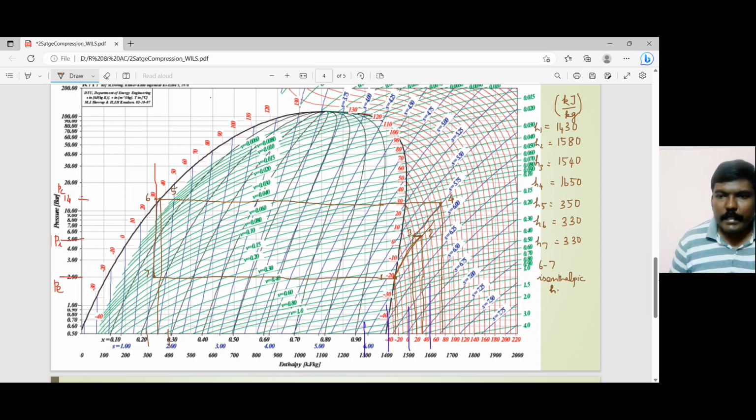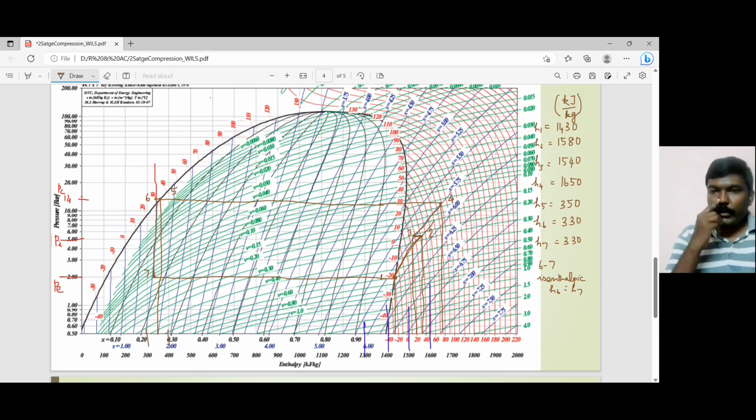Where H6 is equal to H7. So all these units are in kilojoule per kilogram. Okay. The question is, they want us to find the COP of the system, and they also want us to find the work input to both the compressors.